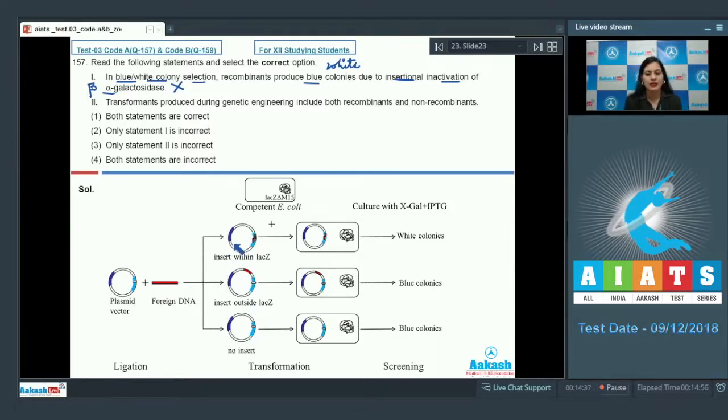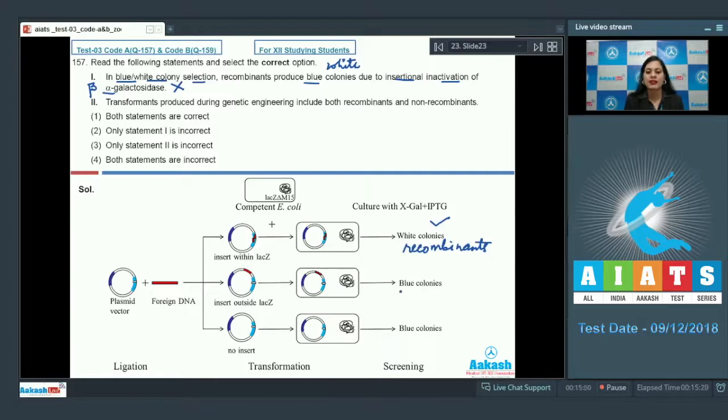And when this plasmid is transformed into the host cell, this transformant will produce white colonies as it has the recombinant plasmid. So this means recombinants will produce white colonies.